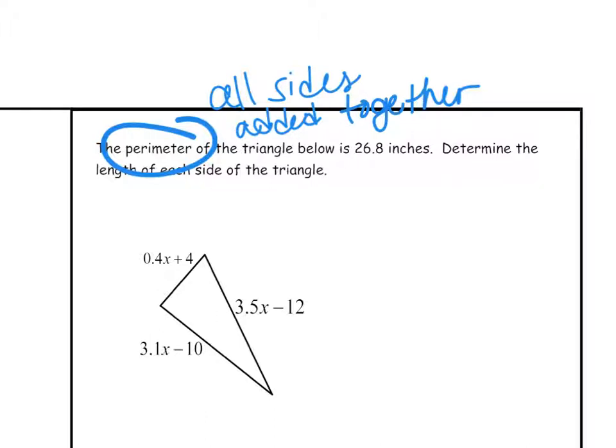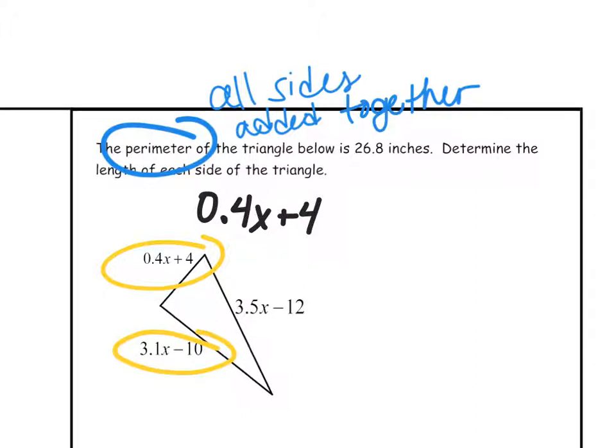I would say first side 0.4x plus 4. That's my first side. That has to be added to my second side, 3.1x minus 10.